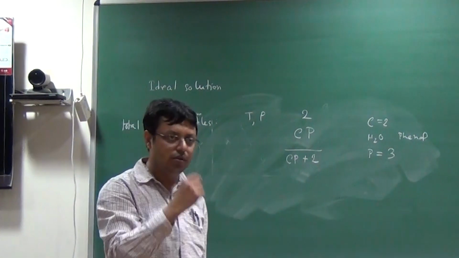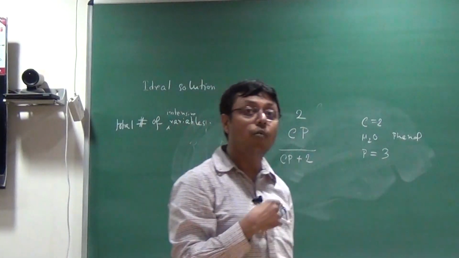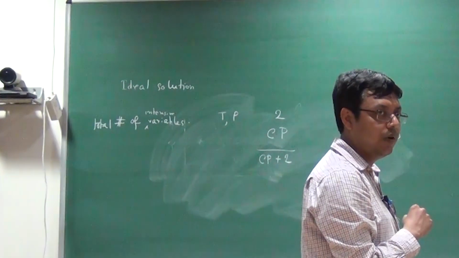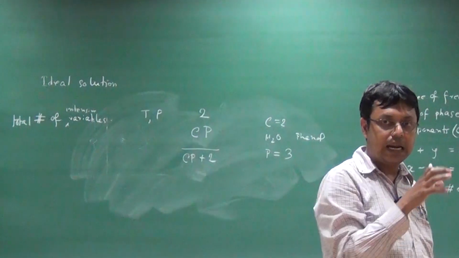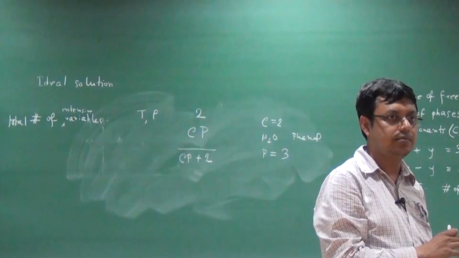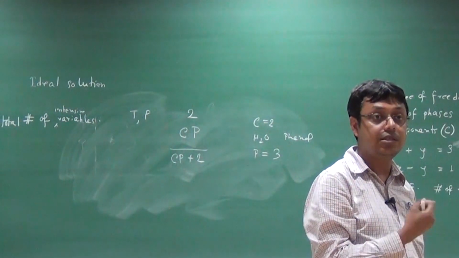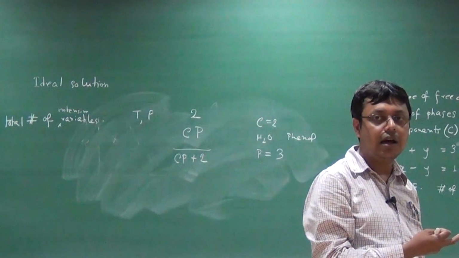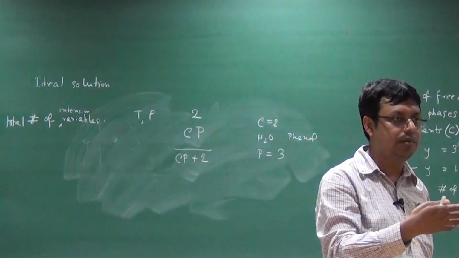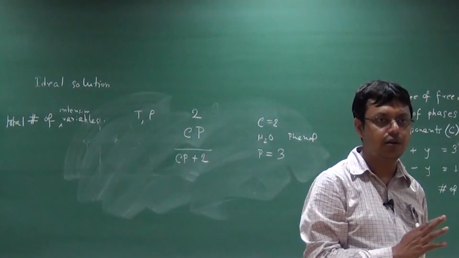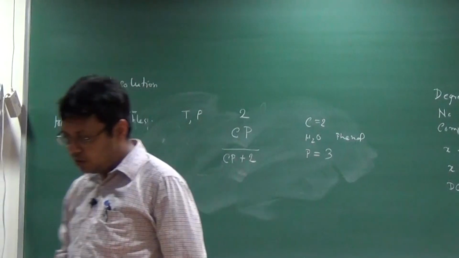Now let us come to your question. How many equations are there which connect all these variables? One is pressure, one is temperature, and the other is some relation between the components. Clear? That is what we are now going to find.